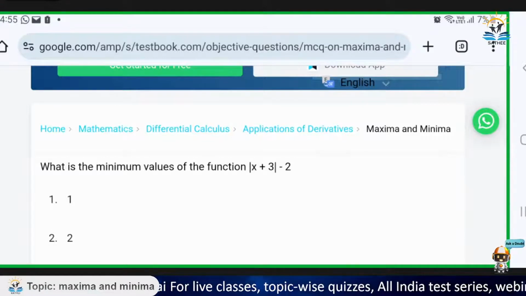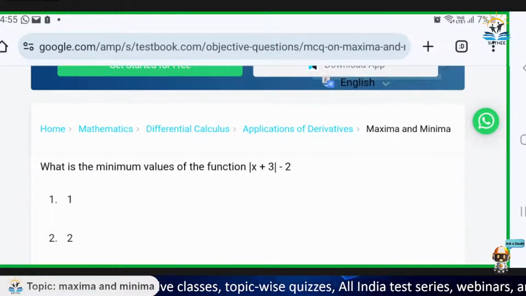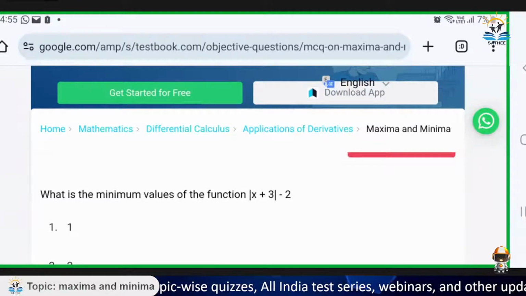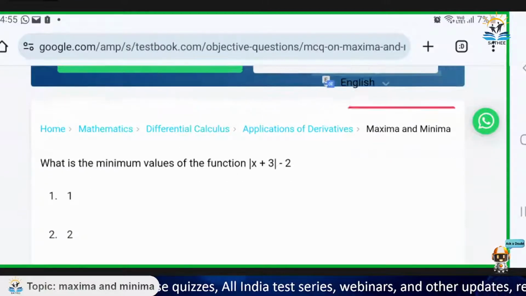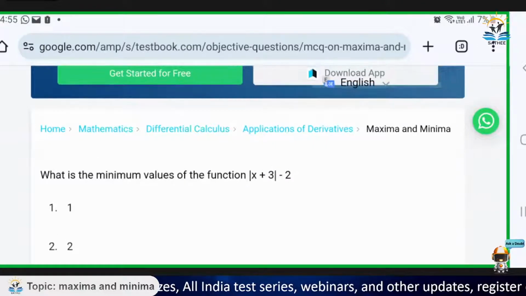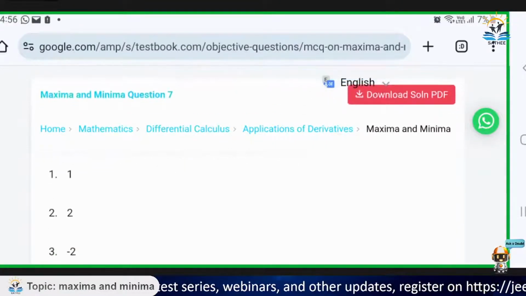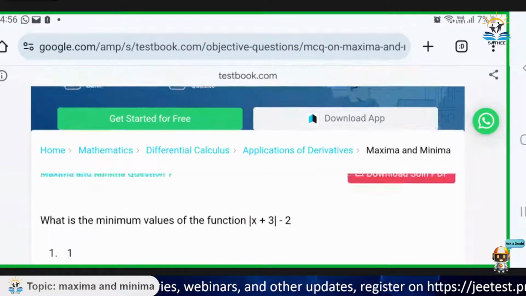For the most basic solution, I would recommend you to divide the interval and then use the basic derivative tests to find the local maxima and local minima.